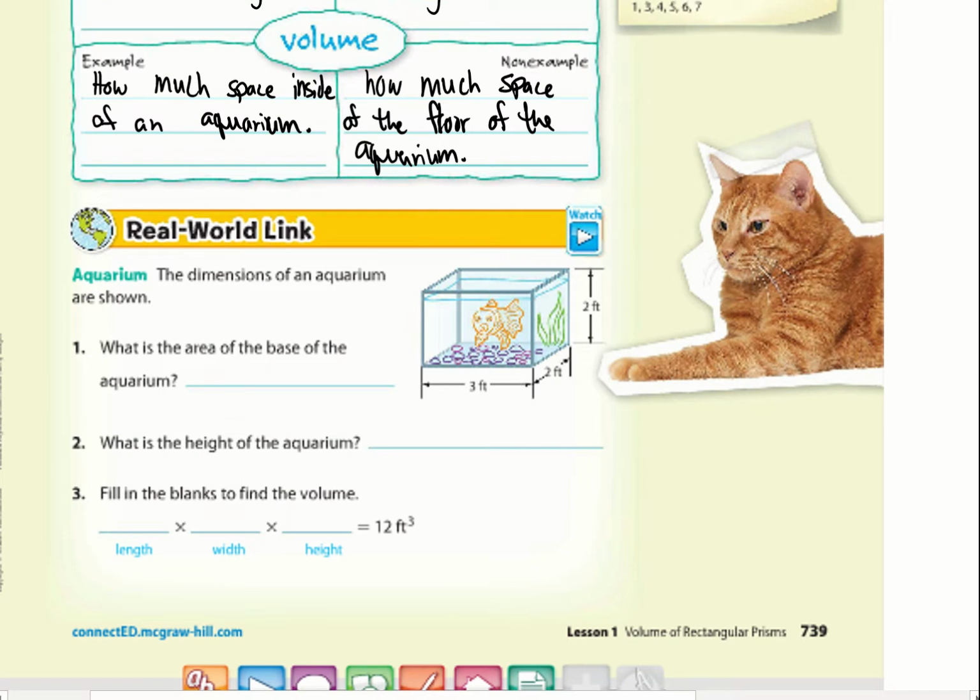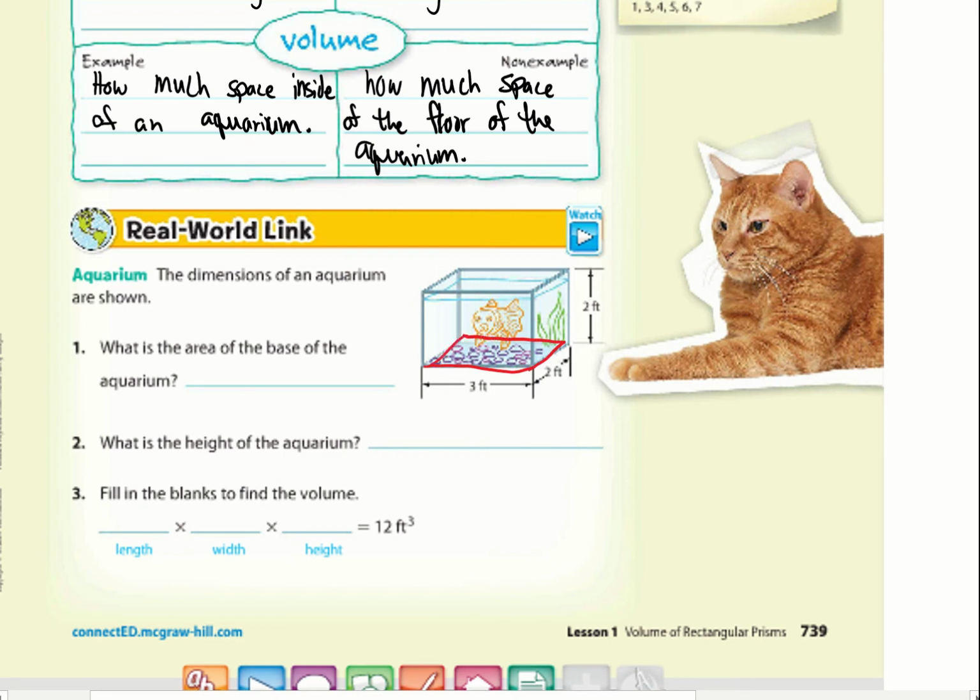Real world link. The dimensions of an aquarium are shown. What is the area of the base of the aquarium? In this case, the base is the bottom. Since this is a three-dimensional figure, my whole bottom is the entire floor.